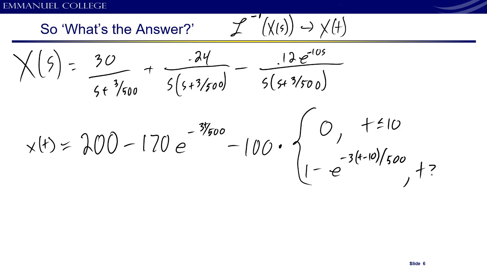And that's if t is greater than 10. And that's the hand waving, because at this point, all I've shown you is what the Laplace transform formula is. I have not shown you at all how you get back to it. But this is what it's meant to illustrate, this first one.